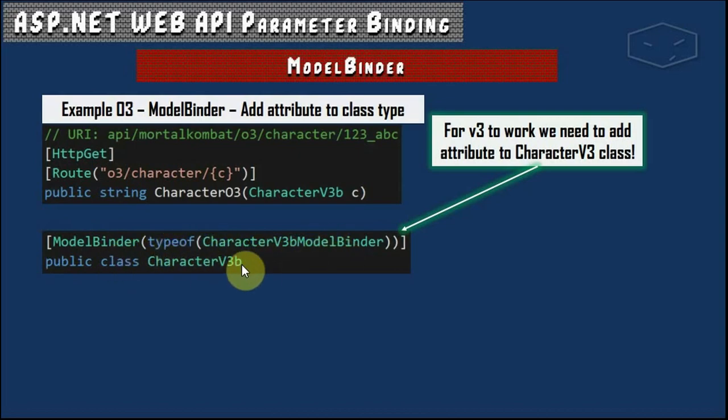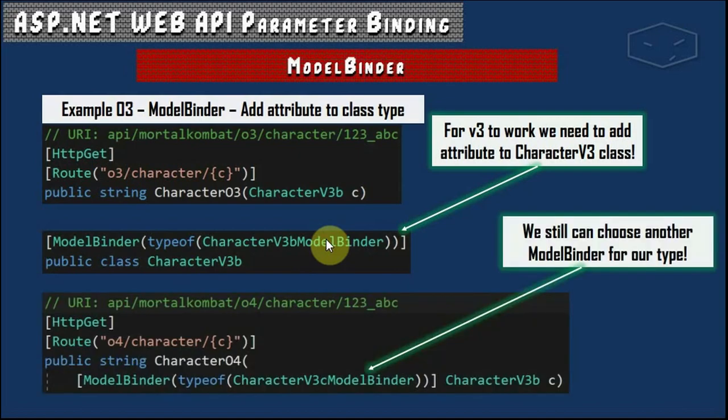So this type uses this ModelBinder, it is just that. Also, you can choose what type of ModelBinder you will use for this type at parameter level. Okay, in this case we are giving another ModelBinder that is called CharacterV3ModelBinderC. Okay, this is B and this is C.